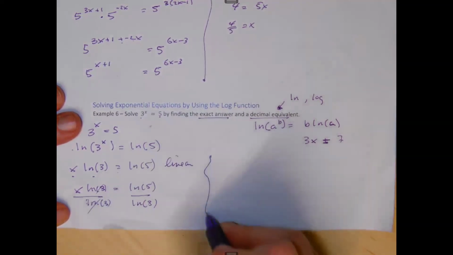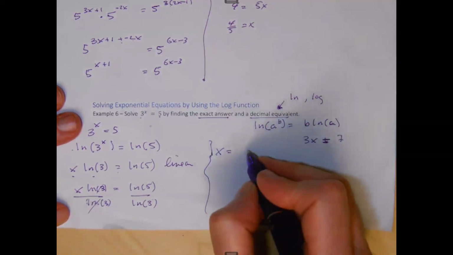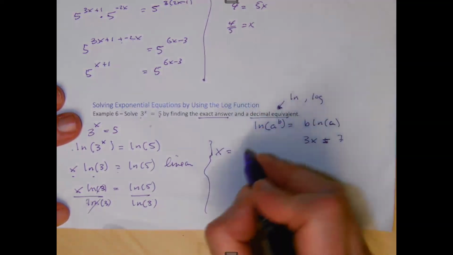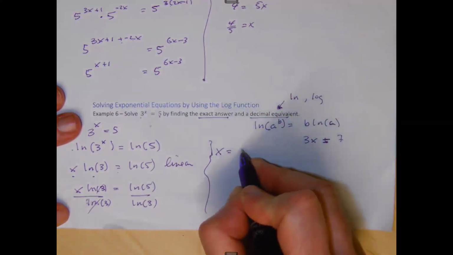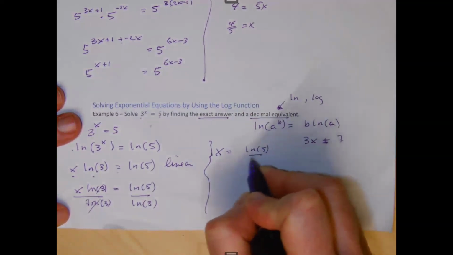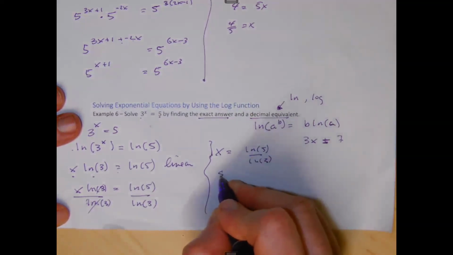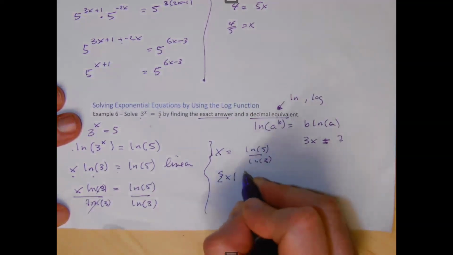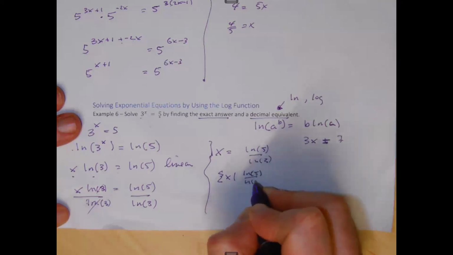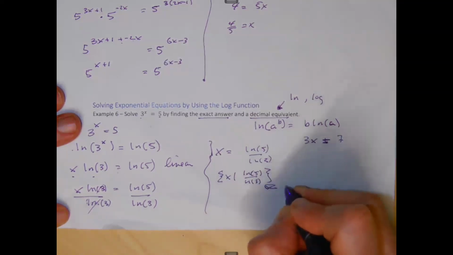And so what I have now is my answer: x equals natural log of 5 over natural log of 3. So as far as the answer is concerned, the answer is going to be this. And this is the exact answer.